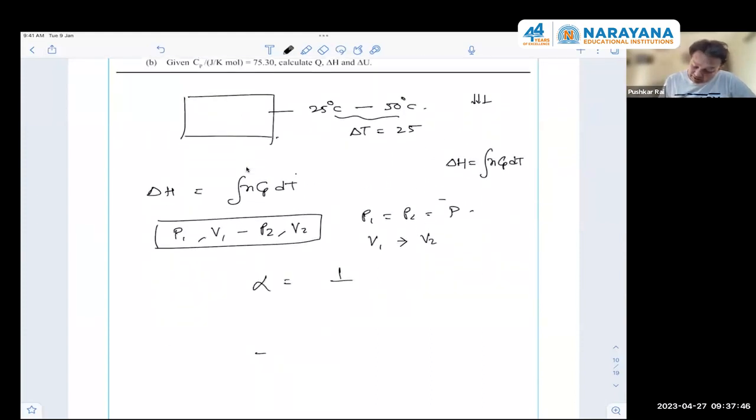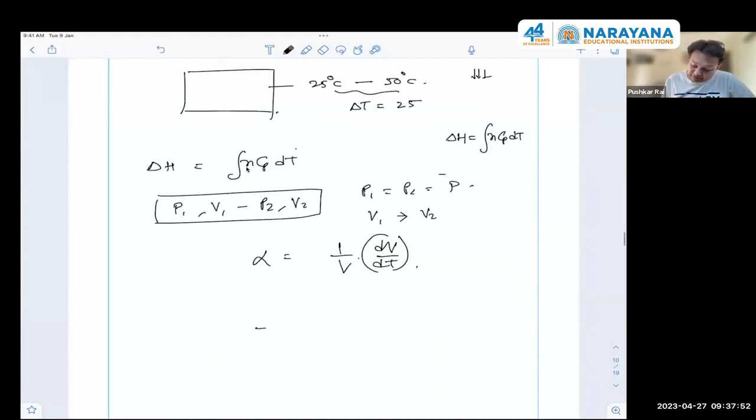I already told you alpha is equal to 1 by V dV by dT. So if it is liquid, then V into alpha is equal to dV by dT, and in fact dV is equal to V alpha dT.